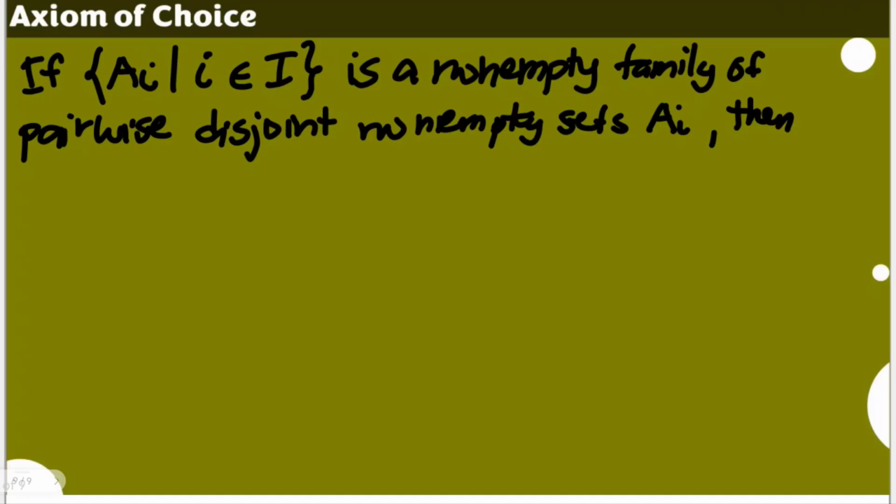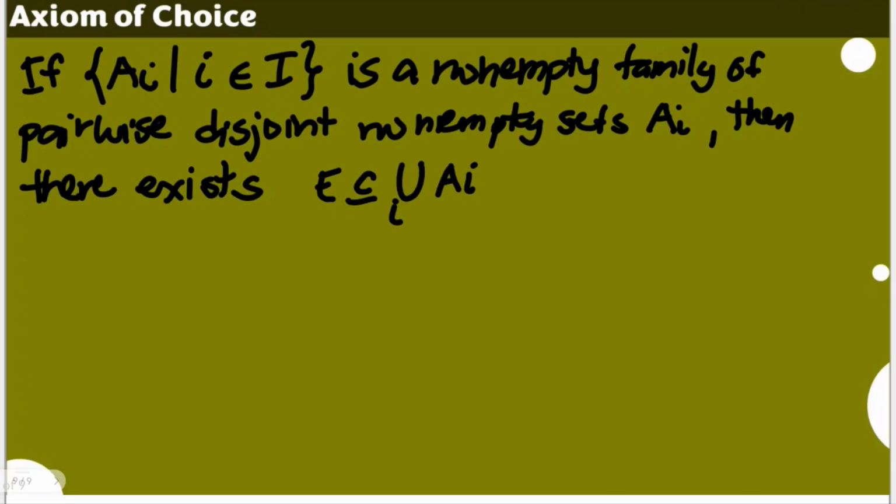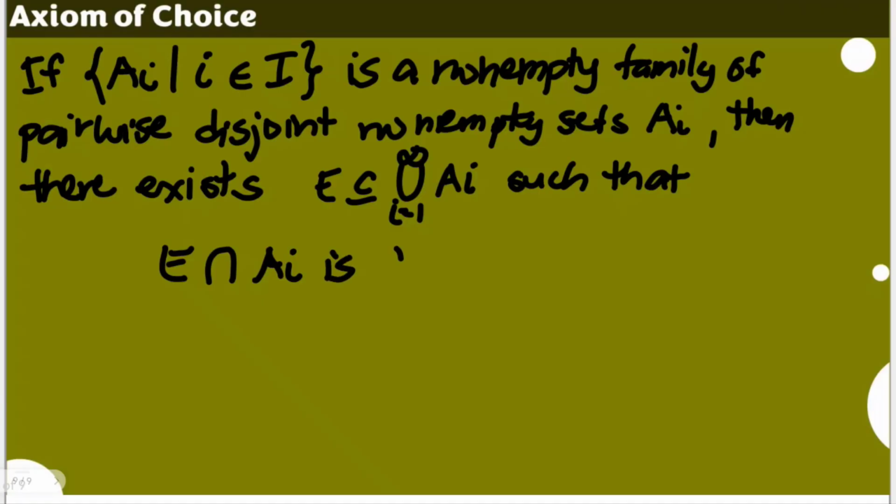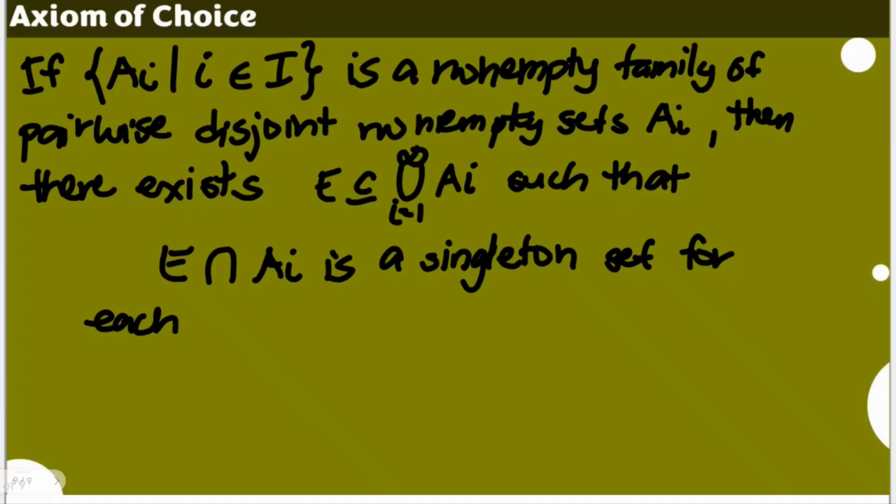Then, there exists a certain set E, which is a subset of the countable unions, such that the intersection of set E and any of those A sub I is a singleton set for each I element of your interval.